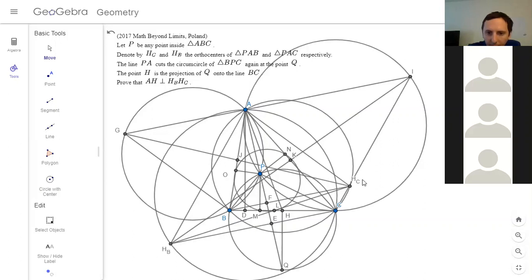So we want to show the angle between this and BC. I mean, yeah, we wanted to show angle HBLC was equal to angle AHQ. And if this were true, would it follow?